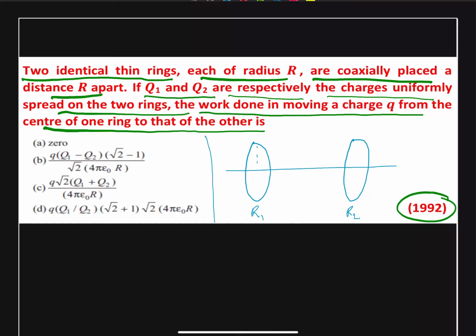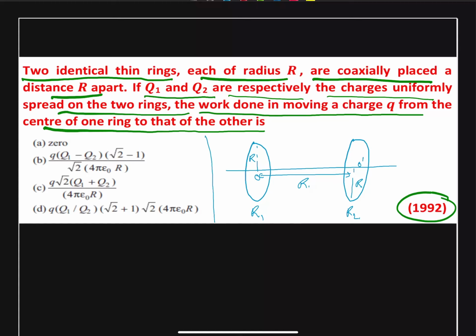Radius of both the rings is given as r. Let us suppose this is our center O and this is our O prime. And the distance between the two is also given as r. So this distance between the centers is also given as r.